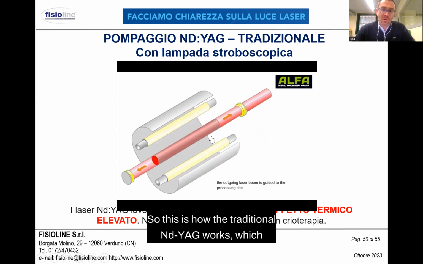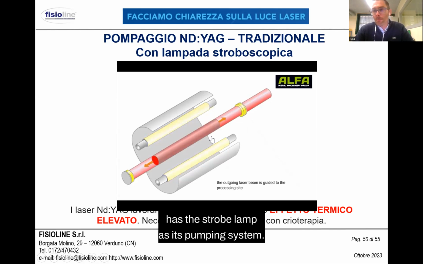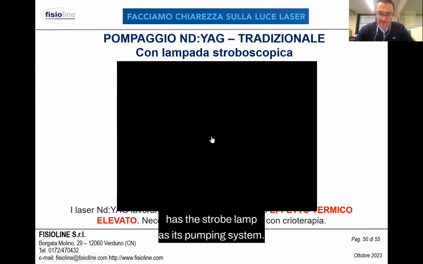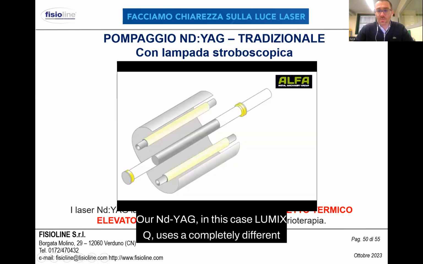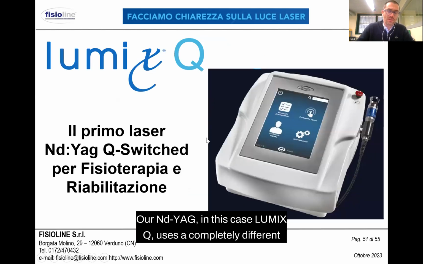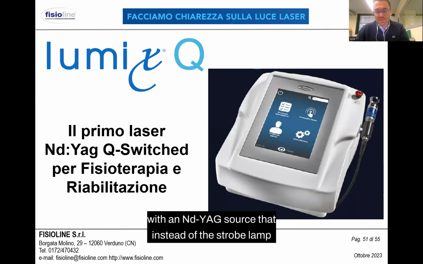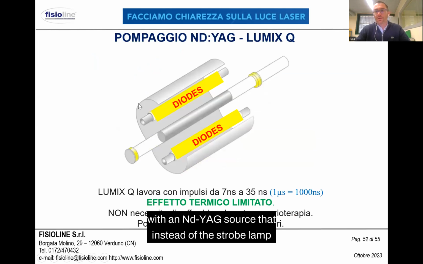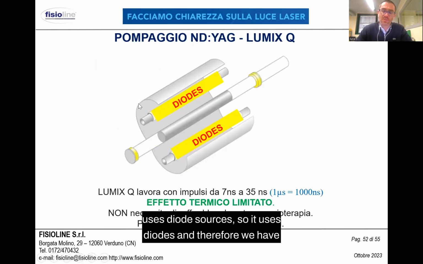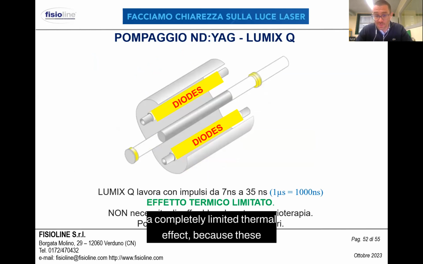So this is how the traditional Nd:YAG works, which has the strobe lamp as its pumping system. Our Nd:YAG, in this case Lumix Q, uses a completely different pumping system, because we have the possibility of working with an Nd:YAG source that instead of the strobe lamp uses diode sources, so it uses diodes, and therefore we have a completely limited thermal effect, because these sources will no longer work with a pulse of microseconds at the output, but a nanosecond pulse.